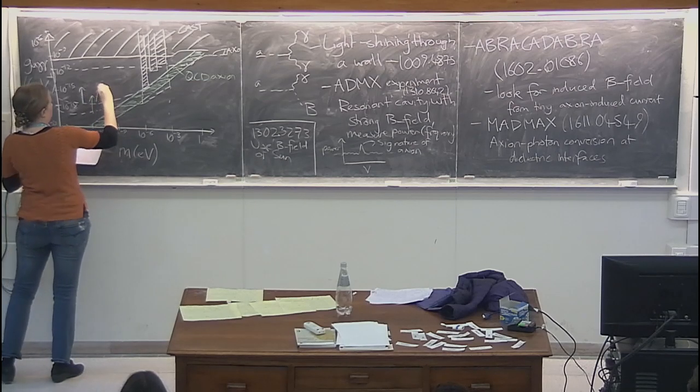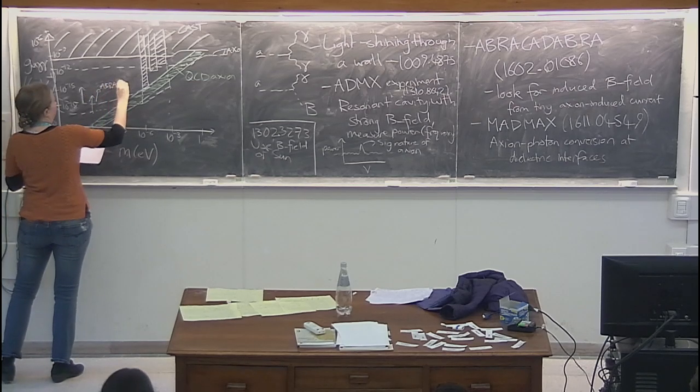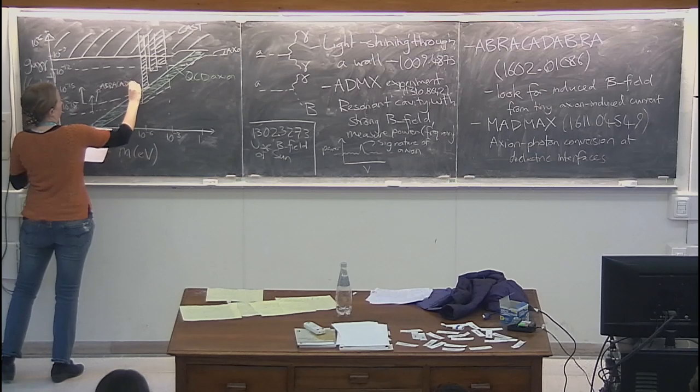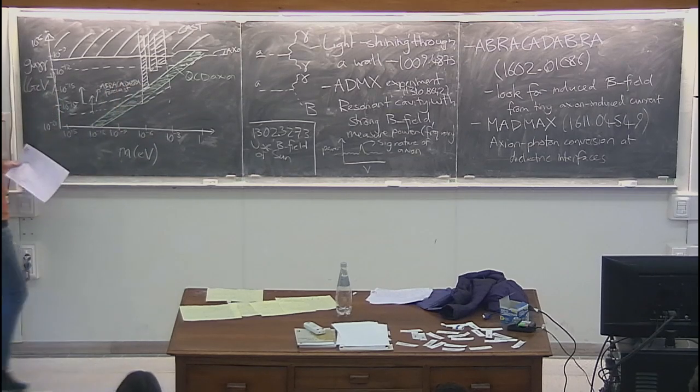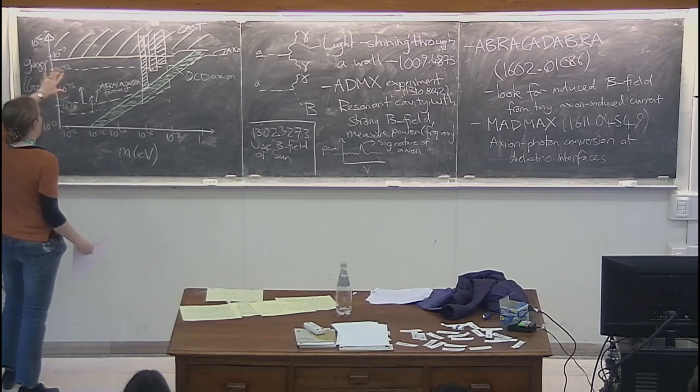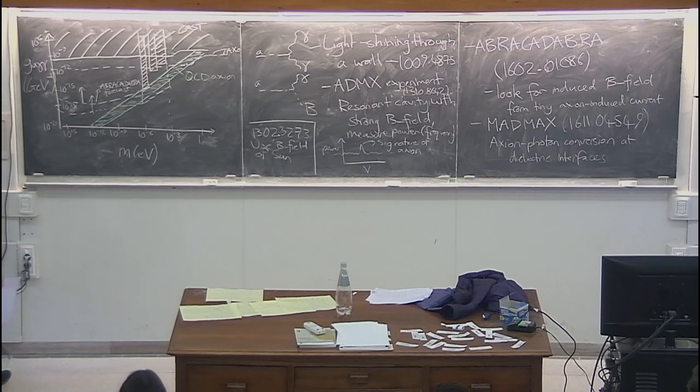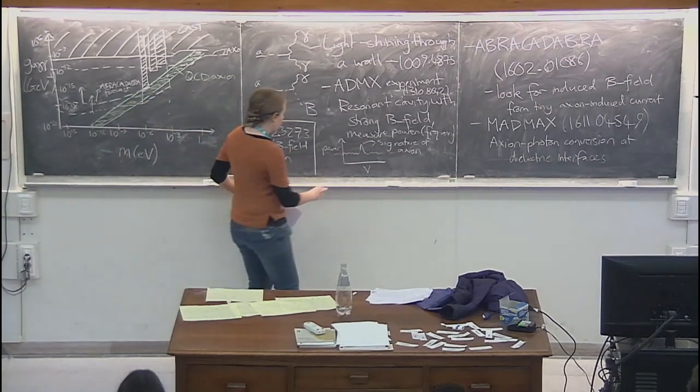With their toroidal apparatus, they can potentially probe this low mass, relatively stronger coupling region than you would expect from the QCD axion regime. So that is, as far as I know, where we currently stand on the broad landscape of ideas for looking for axions.